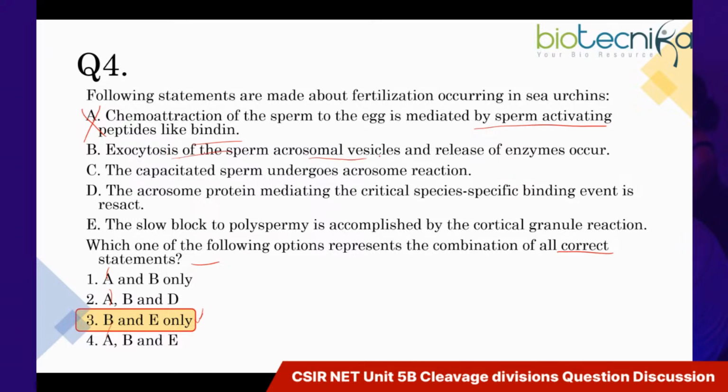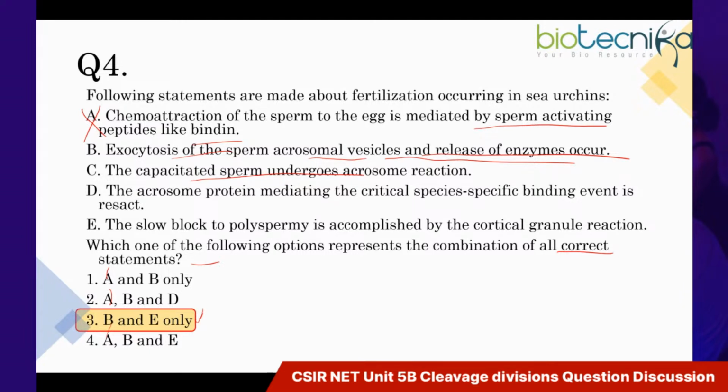Exocytosis of the sperm acrosomal vesicle and release of enzymes will be taking place. That is correct because the acrosome is a modified Golgi complex, and from there many enzymes will be released. Okay, exocytosis and the release of enzymes will be taking place. The capacitated sperm undergoes acrosome reaction.